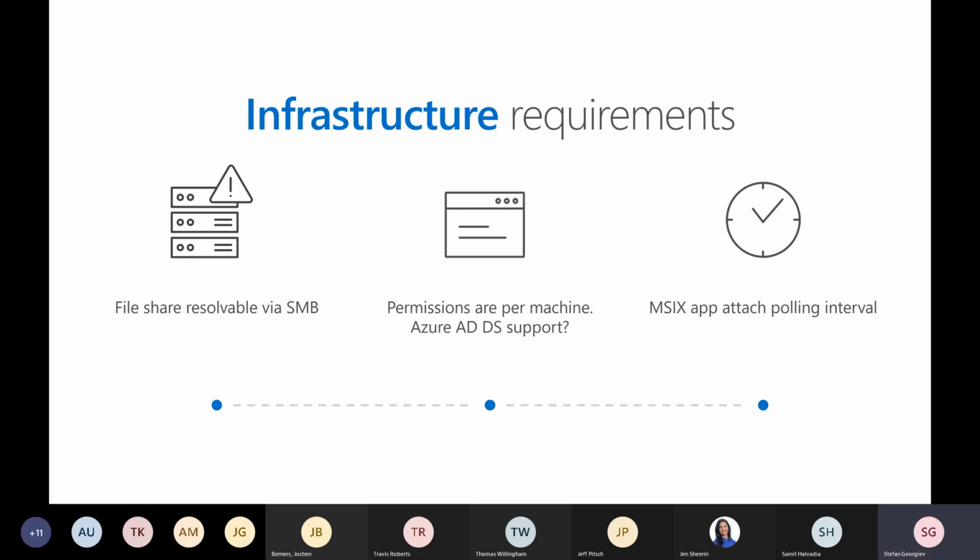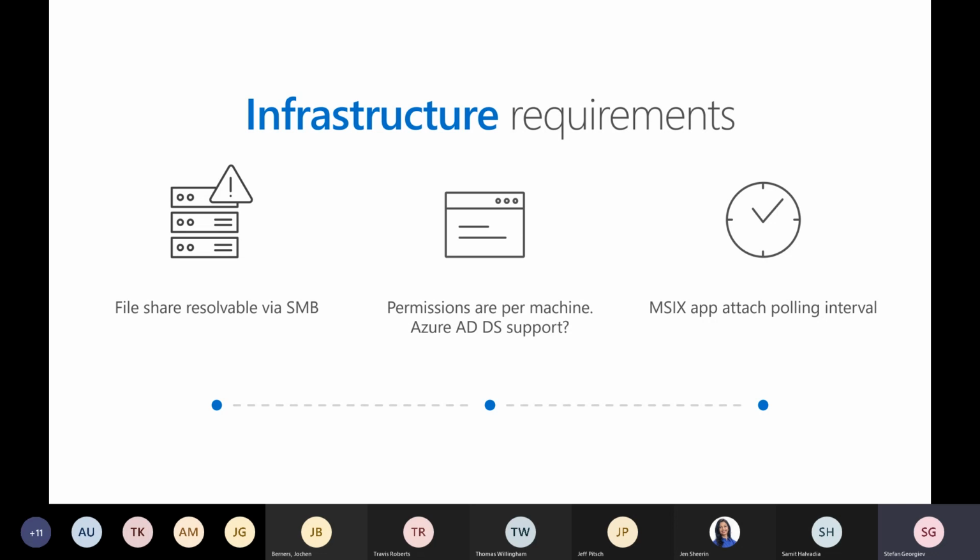There is a maximum of 5 minutes interval in which all the machines on the host pool will be notified of that change. So if you're really eager to test, you have to be aware that there's that 5-minute interval between you doing a modification of the package and that package showing up on your machine. Could be less, but it's a 5-minute maximum.